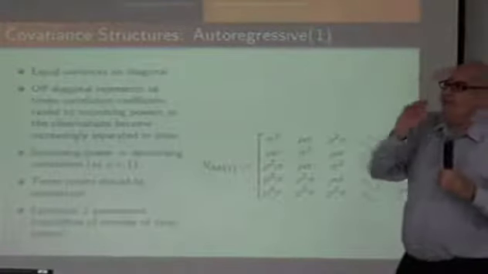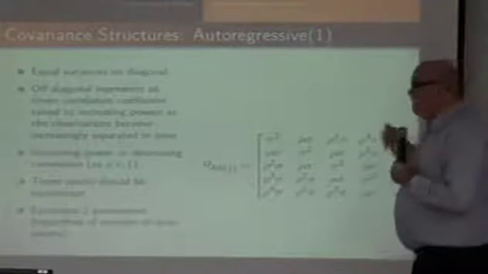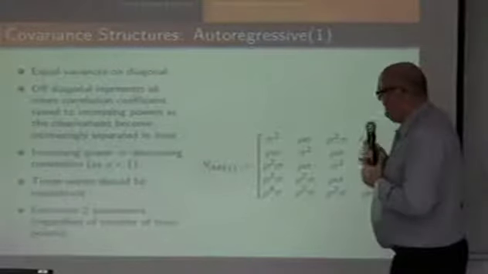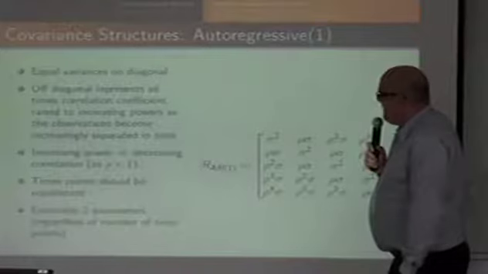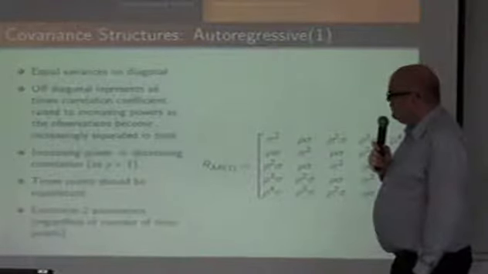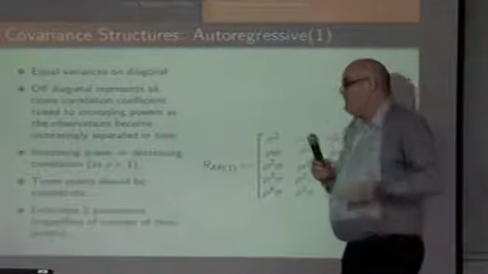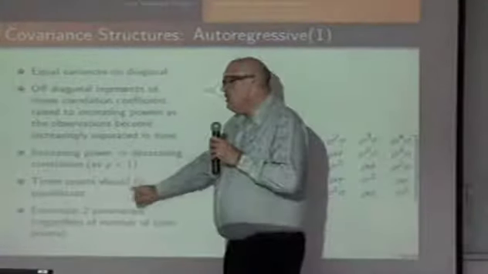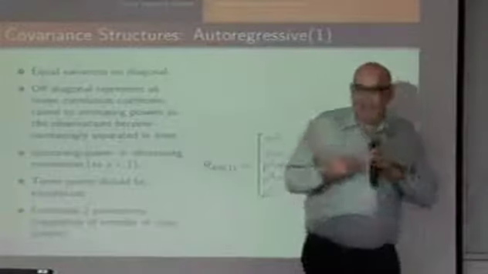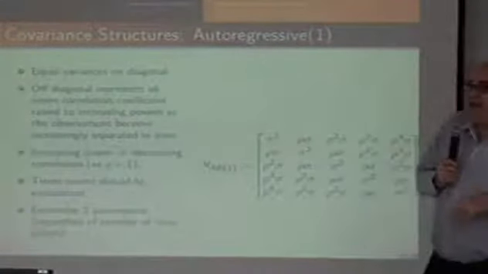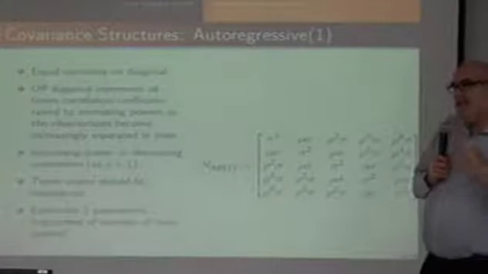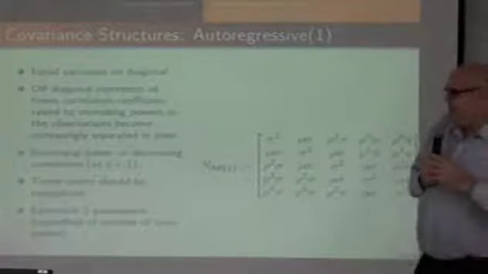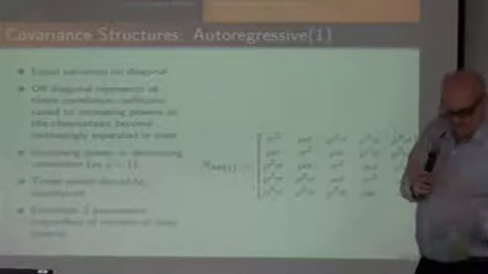Square it, cube it, take to the power of 4 and so on. So you'll see an exponential decay in this. I think the thing to note is that the time points should really be equidistant or close to equidistant for this type of structure. But again, have a look at the unstructured and see if that represents a realistic picture.